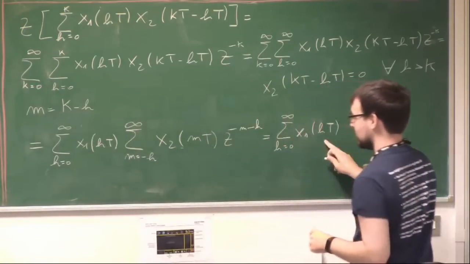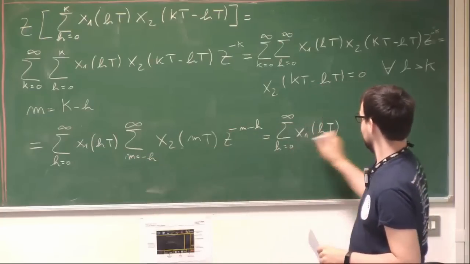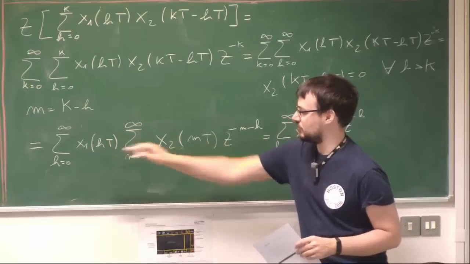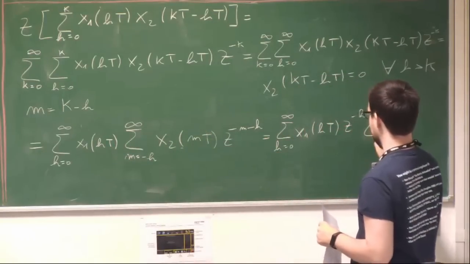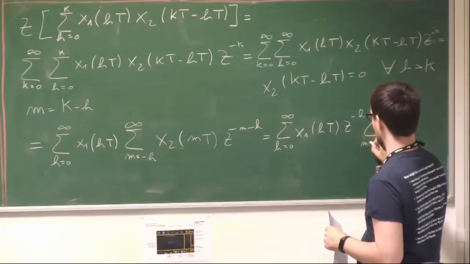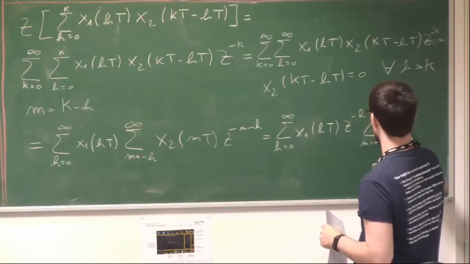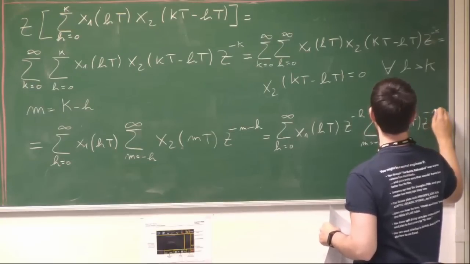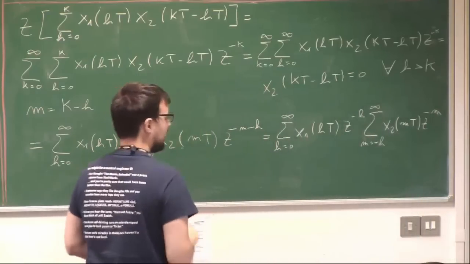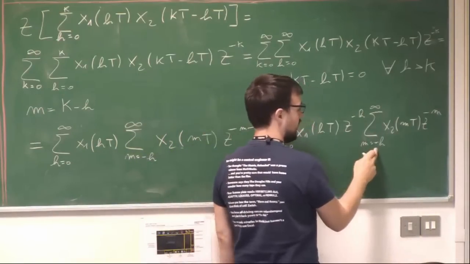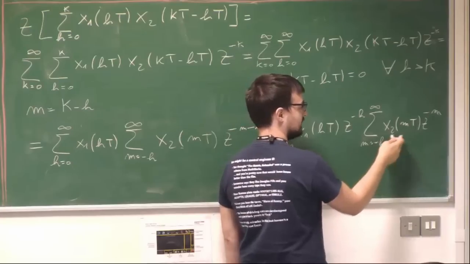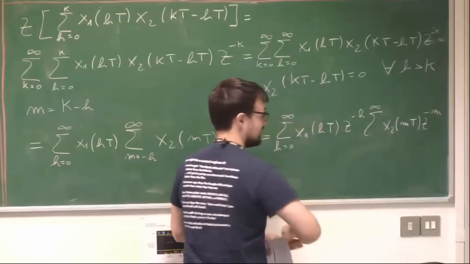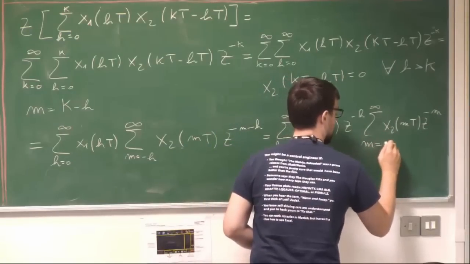Then I attach z to the power minus h from here. Again, z to the power minus h does not depend on m, so I can bring it outside the sum. And then the sum with m goes from minus h to infinity of x2(mT) z to the power minus m. Now again, for all negative values of m, this sum is 0, so we can replace the minus h with 0. So m actually goes from 0 to infinity.